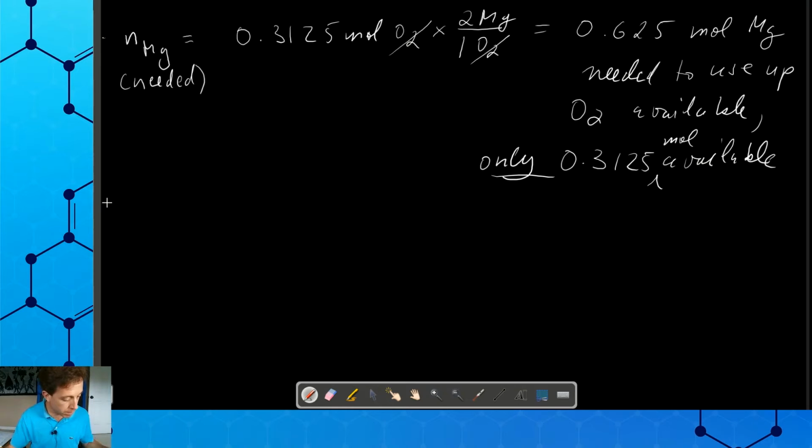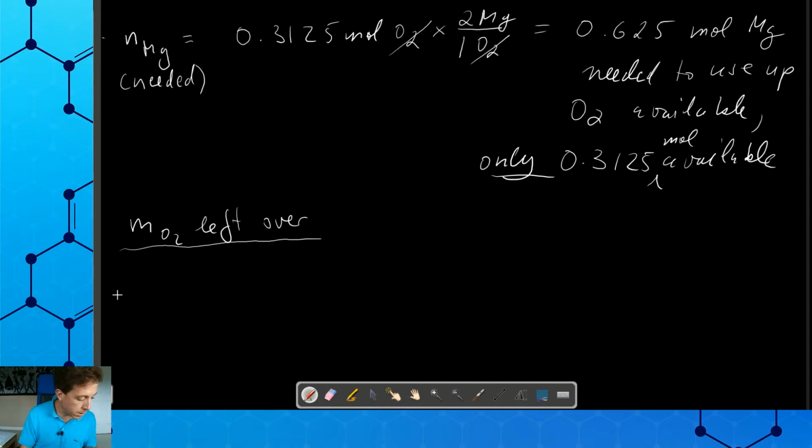Now, the next thing right here is finding out how much oxygen is left over. So mass of oxygen left over. Let's calculate that here. And so then we really just need to find out, okay, the number of moles of oxygen available minus the number of moles of oxygen needed.